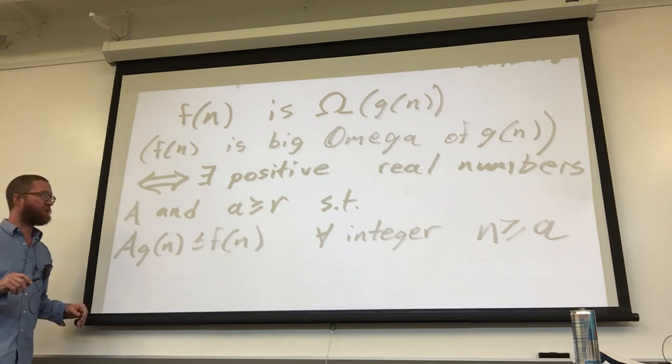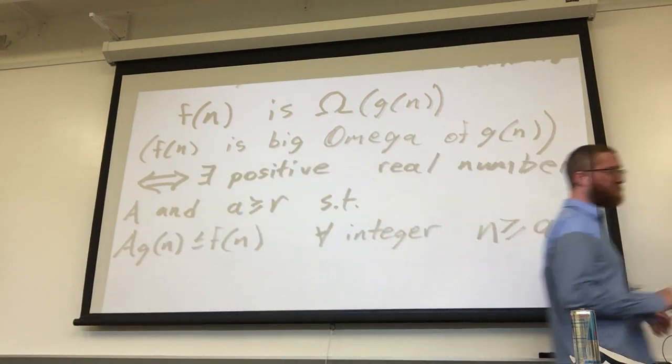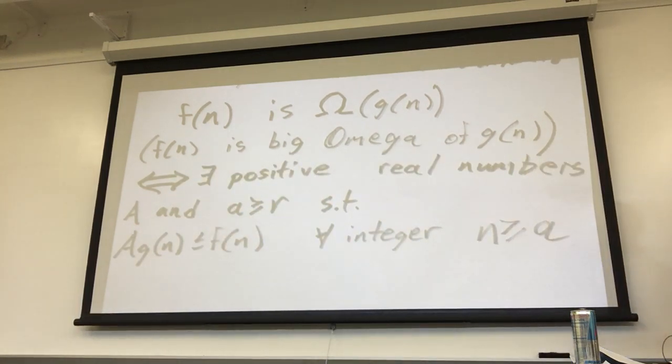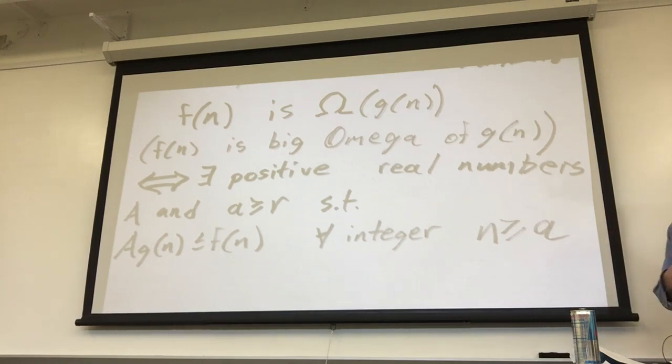And this is going to be true for any integer n greater than or equal to A. So first we have r saying that g of n is always going to be greater than or equal to 0 past this r.